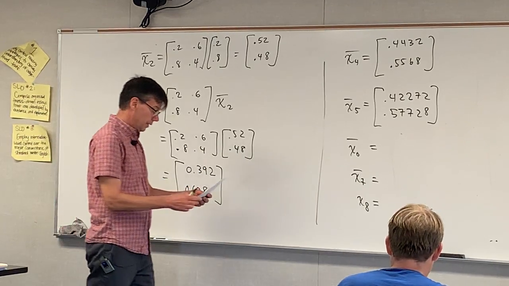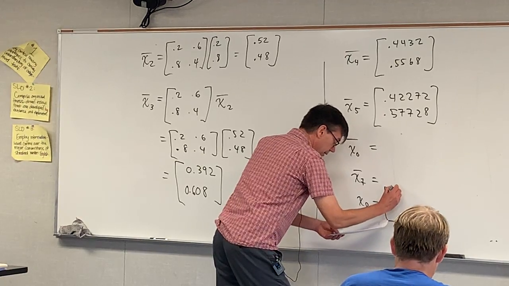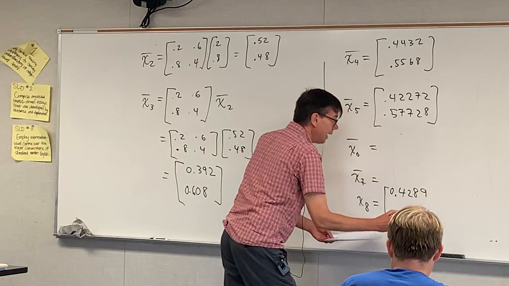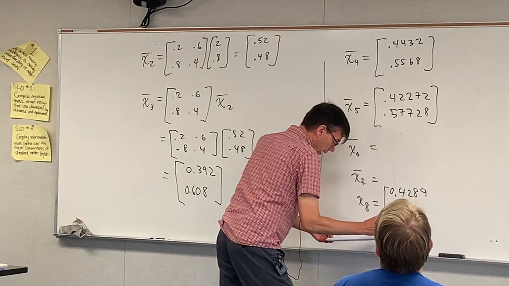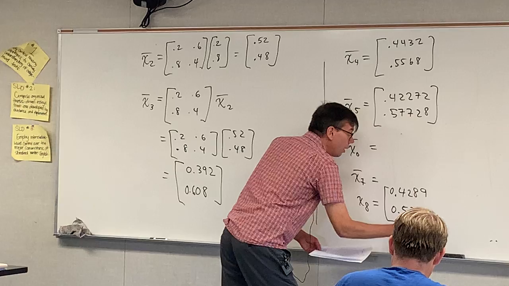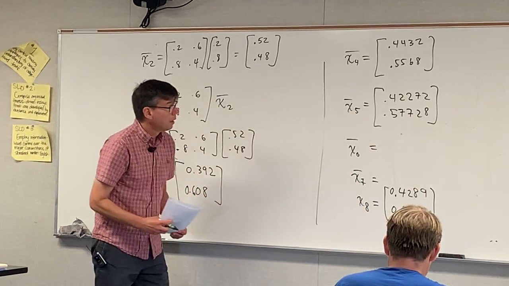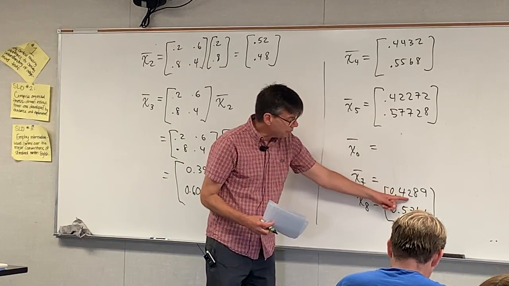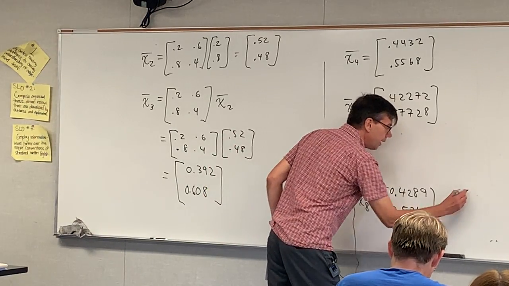For x8, I'm getting 0.4289, 0.5711, rounded off. Well, it looks like we're getting about 0.43, 0.57, right?